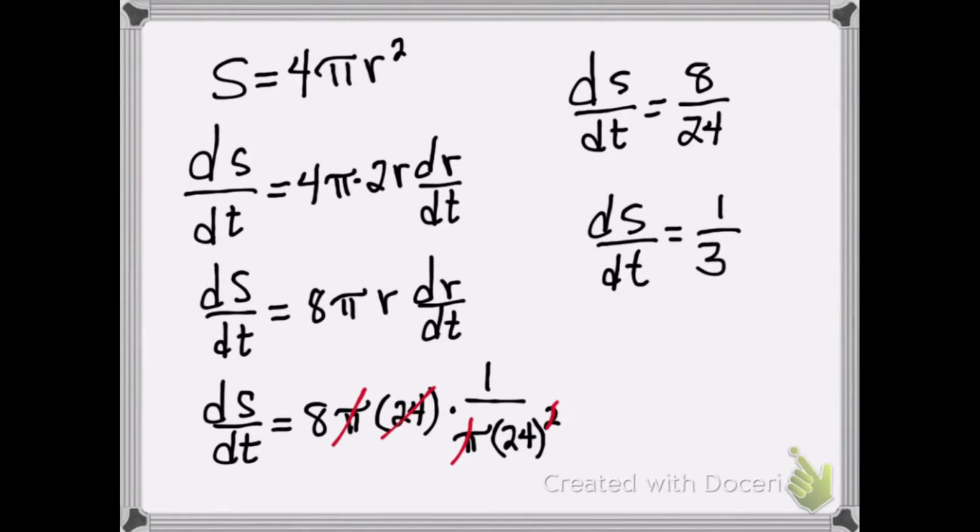Now our unit was cubic centimeters per minute, the rate at which the volume was decreasing. So that means that this is going to be square centimeters per minute because it's an area.